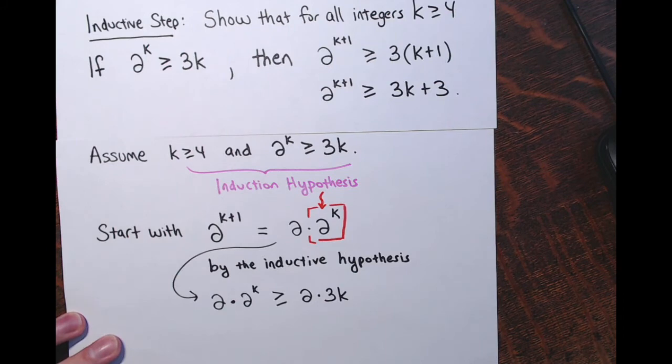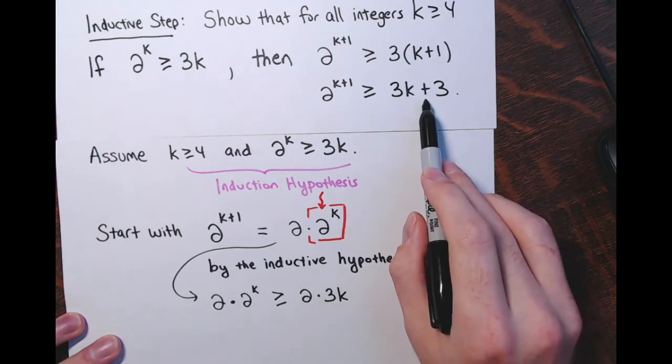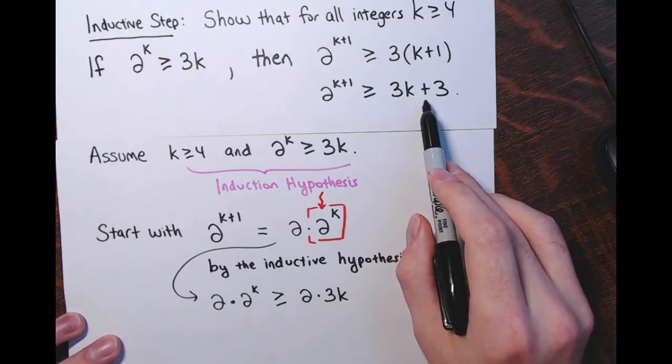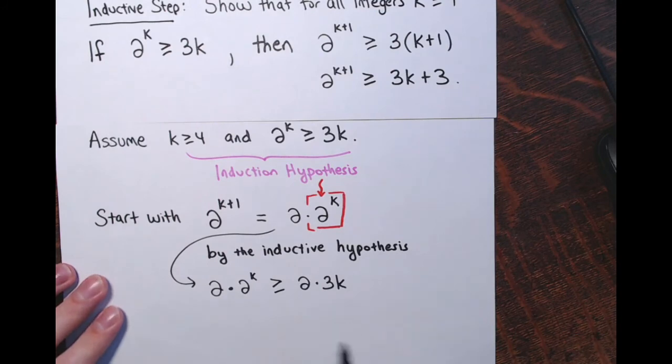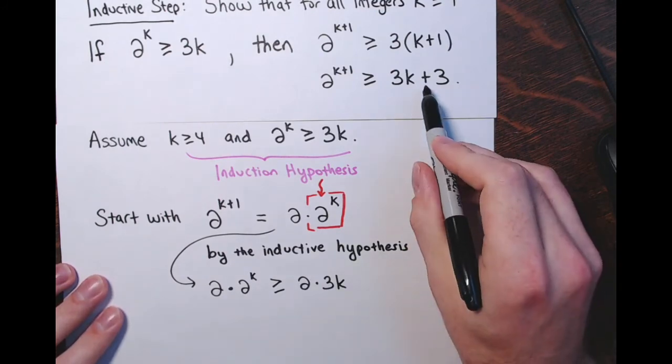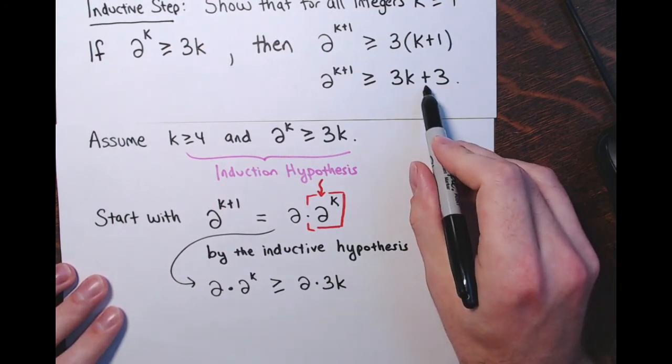Now, how am I going to turn this into this? Well, let's see. Now 2 times 3k. Now this is involving a sum, not a product of 3k.